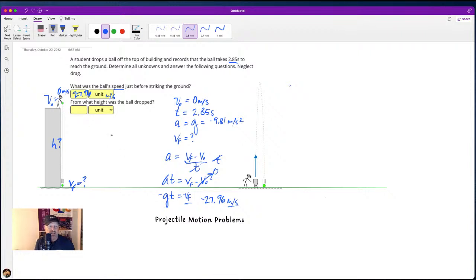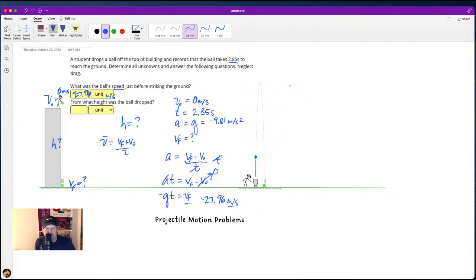And then, from what height was the ball dropped? Now we know V final, and height can be found a couple of different ways. One easy way is to think about the average velocity. Average velocity is equal to V final plus V initial over 2.